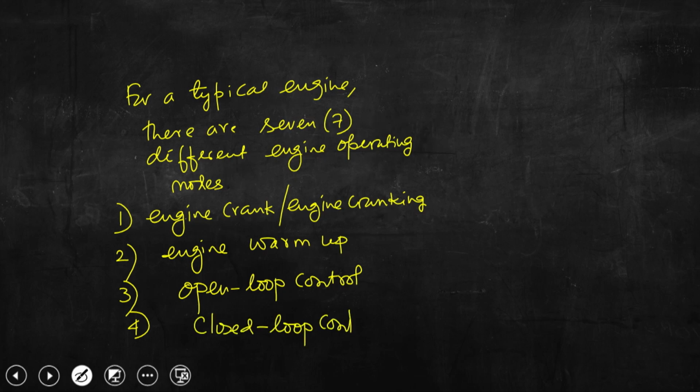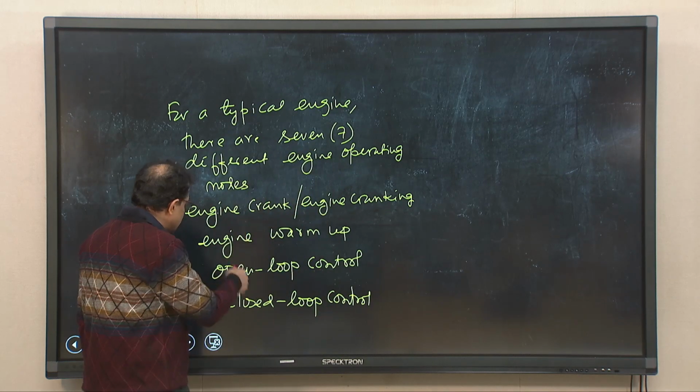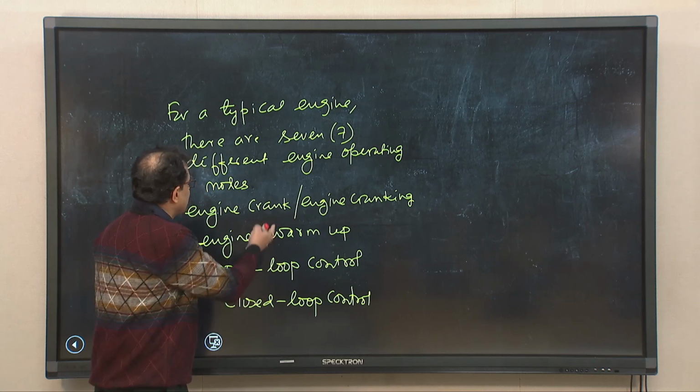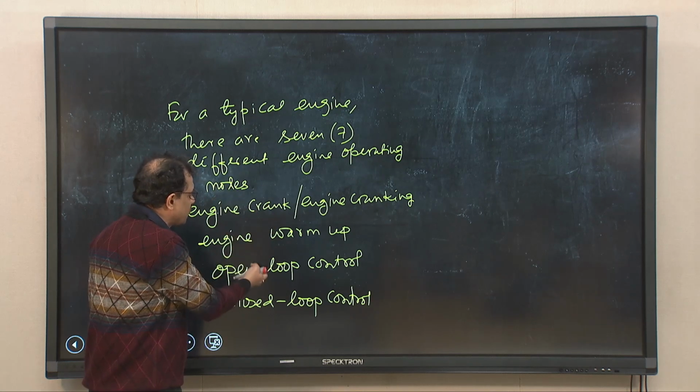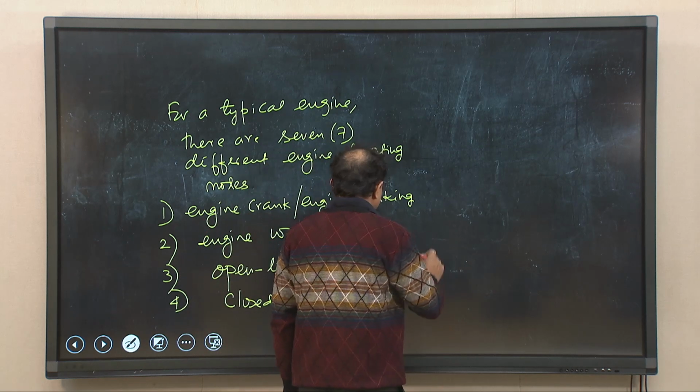closed loop control. That means we may need to switch the control system; we will call upon the software routine to change the mode to adjust to the changed operating condition, maybe from cranking to warm up, then warm up to open loop to closed loop. We will discuss this taking an example today.